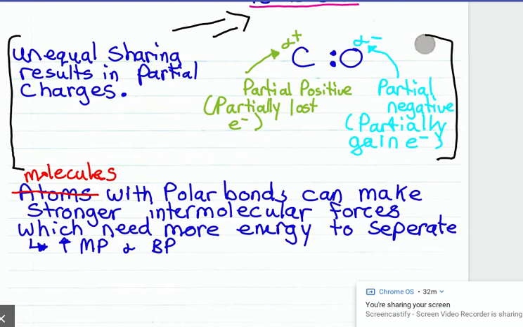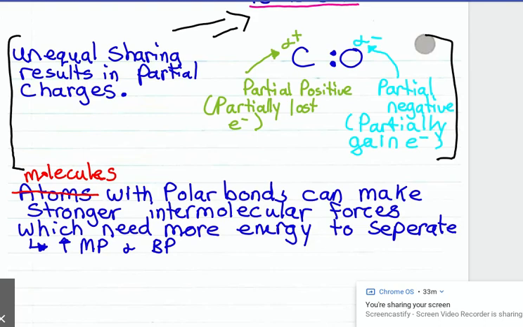All right, so if we want to be able to predict more properties of our substances, we want to know if our molecule is going to have some polar bonds or some non-polar bonds. So we're going to focus on determining whether or not electrons are going to be shared equally or not equally.